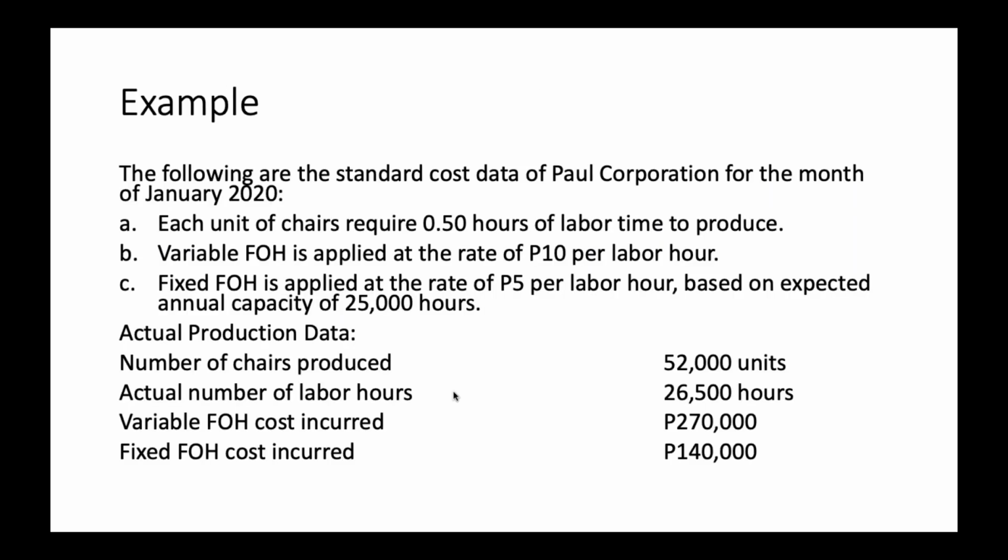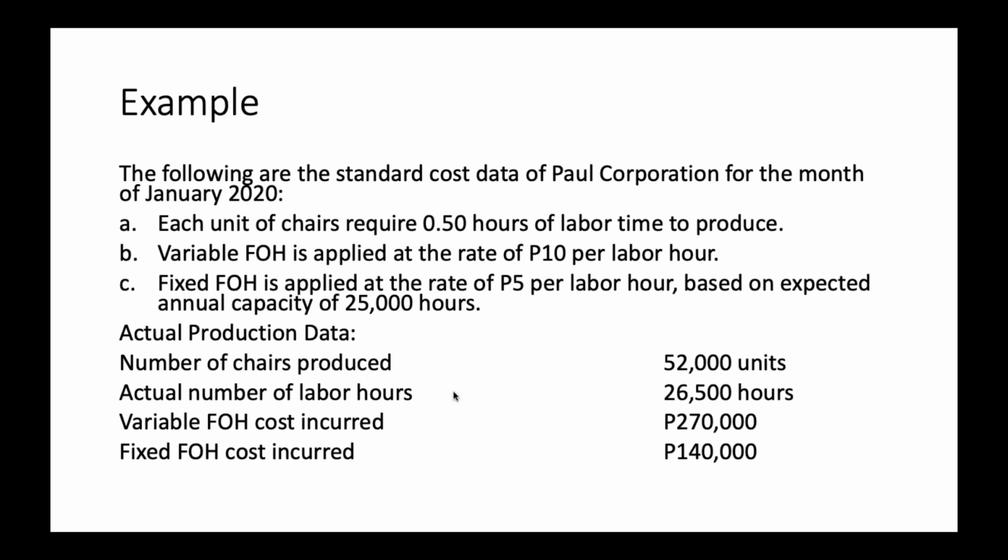Okay, let's go now to the example of the factory overhead variance. The following are the standard cost data of Paul Corporation for the month of January. Each unit of chairs requires 0.50 hours of labor time to produce. The variable factory overhead is 10 pesos per labor hour.